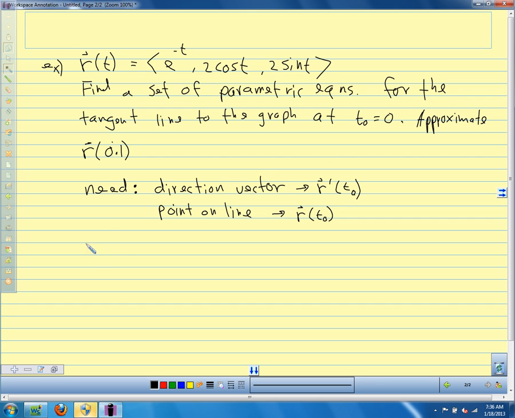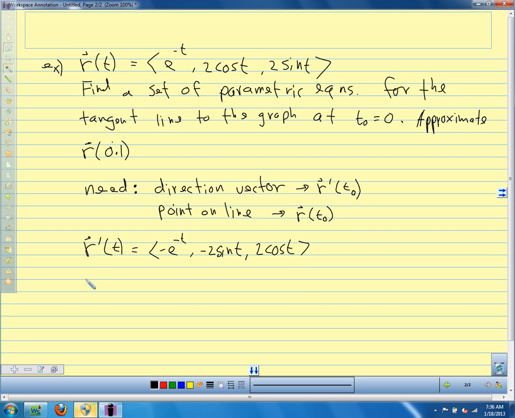So let's write r prime of t. What's our r prime vector going to be? Minus e to the minus t, minus 2 sine t, and 2 cosine t. So there's our r prime, and this is going to give us our direction vector.